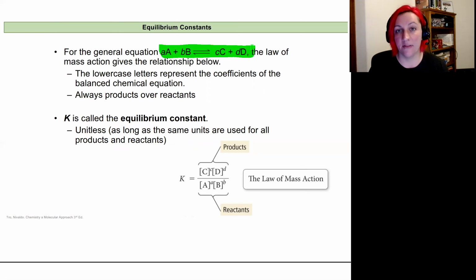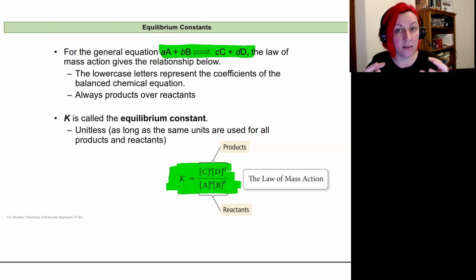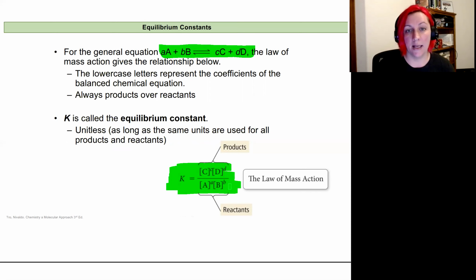If we have this chemical reaction, our law of mass action, or mass action expression, or equilibrium expression, is going to be equal to the concentration of the products multiplied by one another on the top of our fraction, and our reactants' concentrations multiplied amongst each other in the denominator.